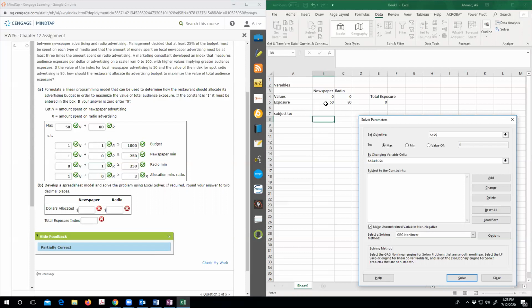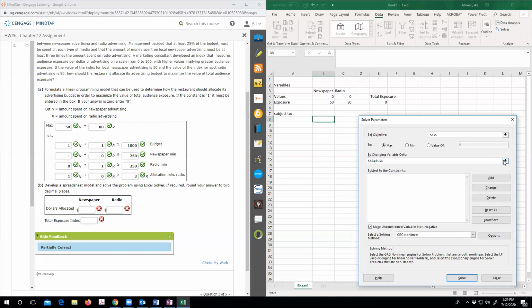So it's like x1 times 50 plus x2 times 80, and we can put it in Excel as a sum product. We have to maximize this by changing these values. These are constants and cannot change, but these two can take different numbers. We don't know how much because it's subject to some constraints.